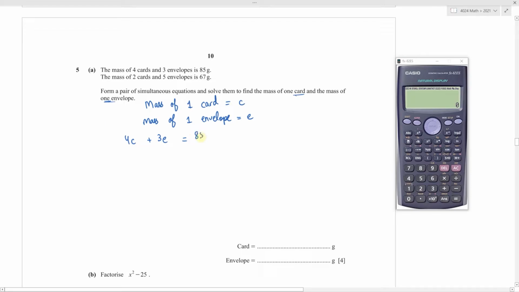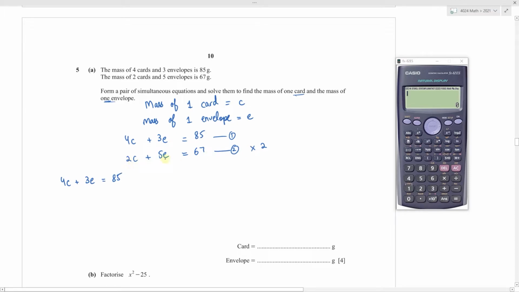And then you have 2 cards, 2 times C plus 5 envelopes. The mass is 67 gram. So I have these two equations that I can solve simultaneously to find the value of C and E. So let's multiply the second equation by 2 and then we can subtract it from the first equation to eliminate the variable C. So let me rewrite these equations. 4C plus 3E equals to 85.